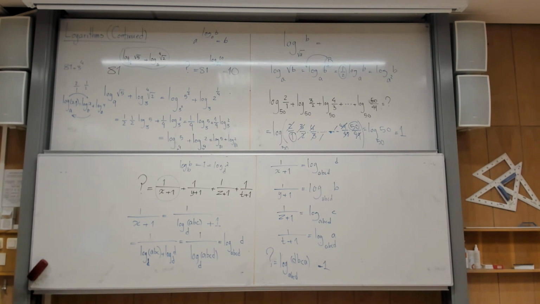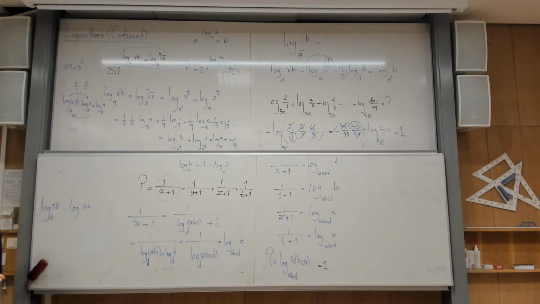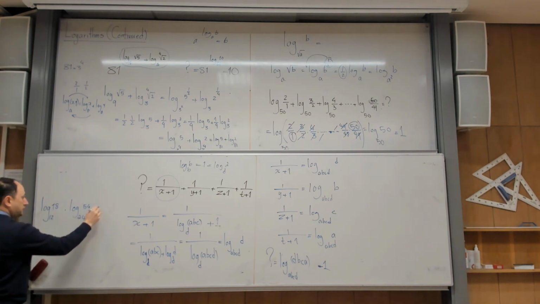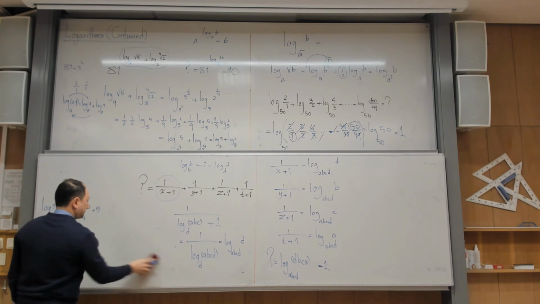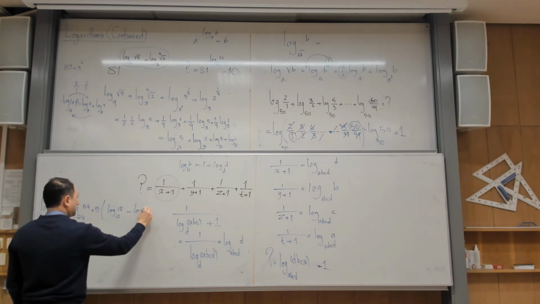So I want you to calculate the value of this without calculator. Logarithm of 18 base 12, that might be extremely challenging, times logarithm of, let me just not confuse, 54 base 24, plus 5 times logarithm of the same number minus logarithm of the same number here.